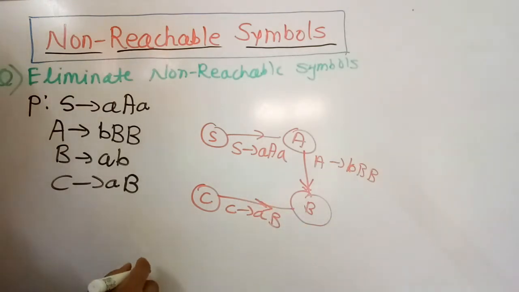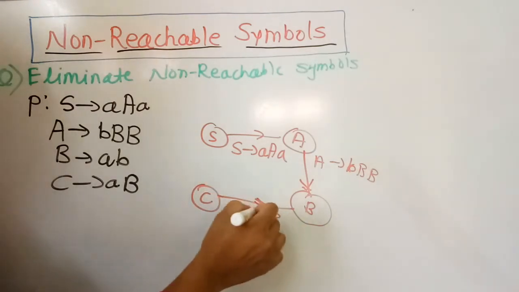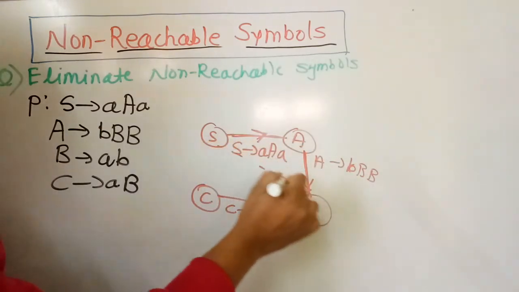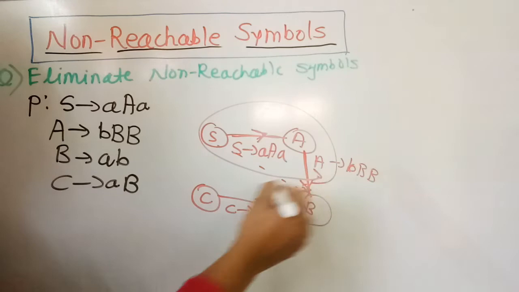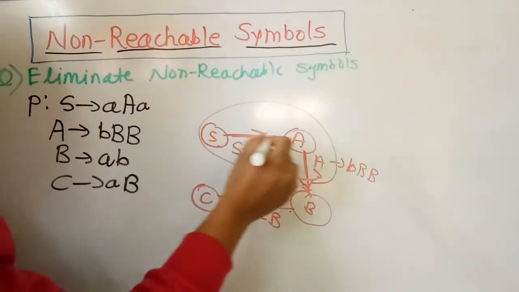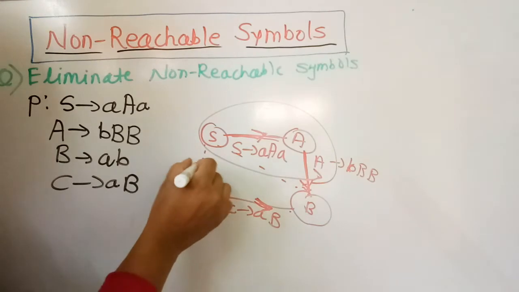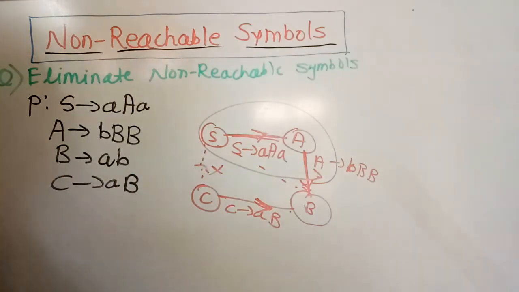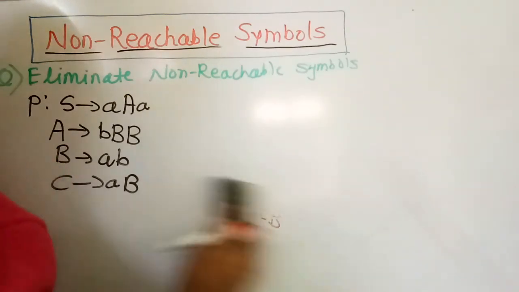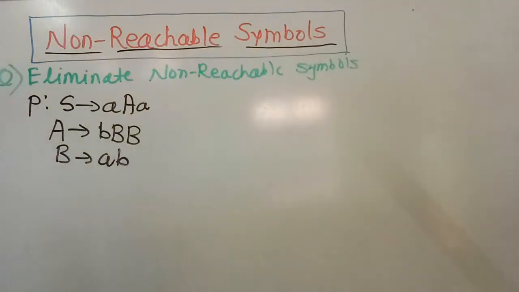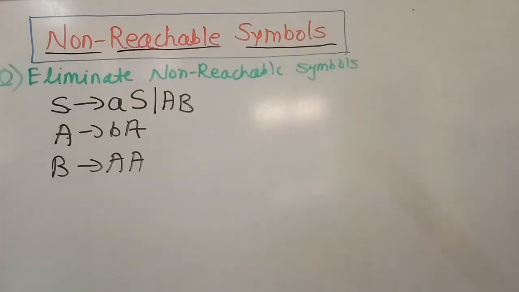But it is not a dependency from the starting non-terminal. S is dependent on A, which is dependent on B, which means three are dependent on each other. But C is only dependent on B, and it does not have any direct connection from the starting non-terminal. So it is not a reachable symbol. So we will directly remove it from our grammar, and after removing it, this is the final answer of our grammar.